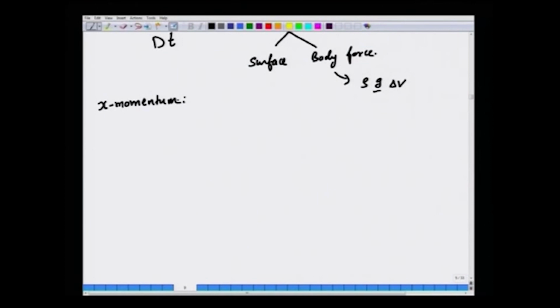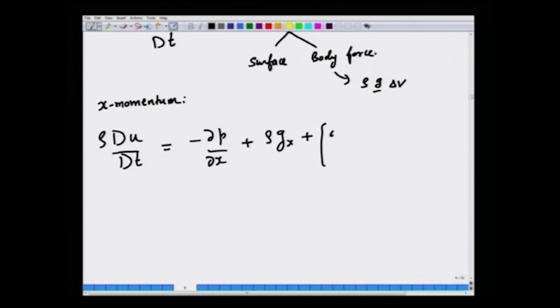So, the x momentum equation will look like this: rho D u by Dt is minus partial p partial x plus rho g x plus partial tau x x by partial x plus partial tau y x by partial y plus partial tau z x by partial z.